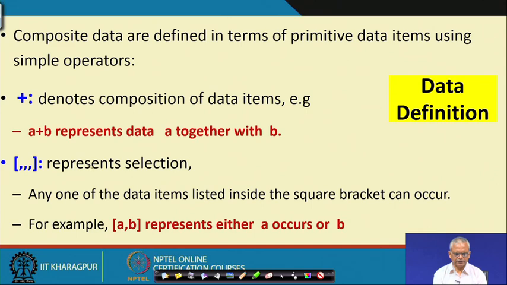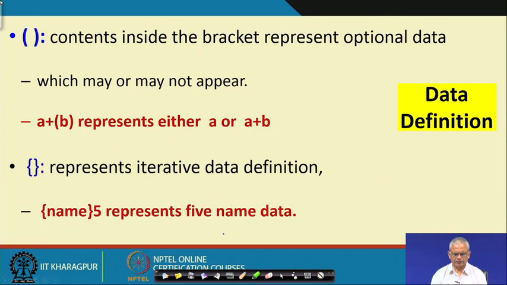If we use this square bracket, it means option. If we write A comma B in square bracket, it means either A or B. If we write A in a bracket with B, then it represents either A or A and B. If it is in curly bracket, then it represents repetition.